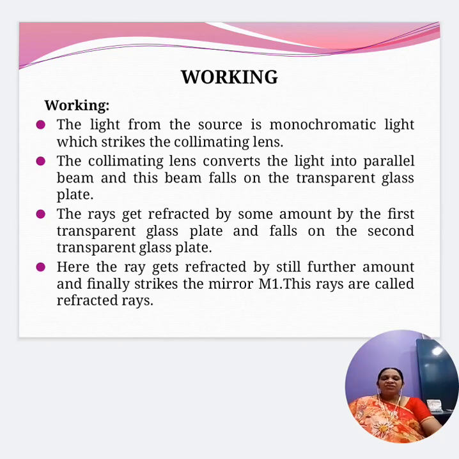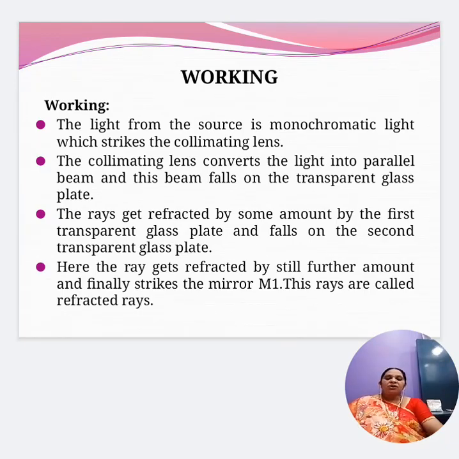The rays get refracted by some amount by the first transparent glass plate, and they fall on the second transparent glass plate. Here the rays get refracted by a still further amount and finally strike the mirror M1.